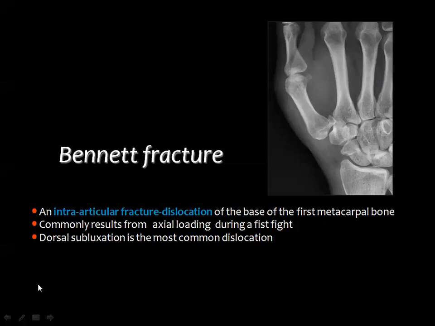Bennett fracture is an intra-articular fracture of the base of the first metacarpal bone. This is a two-piece fracture, and you see a small separated bone fragment at the medial aspect of the base of the metacarpal bone of the thumb.